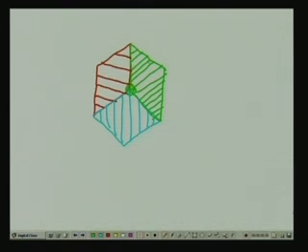Now you can see easily that if you give a 120-degree turn to this crystal that way, counterclockwise, then what we are going to end up with is that the green face is going to be taking the position of where the red face was earlier, and the red face is going to occupy the position which was earlier occupied by the cyan face, and the cyan face is going to occupy the space which was occupied by the green face before the rotation.